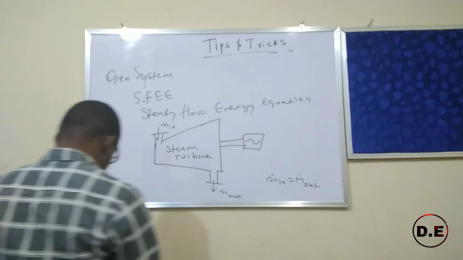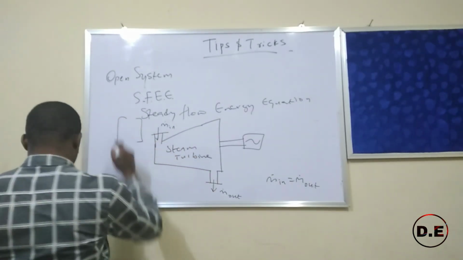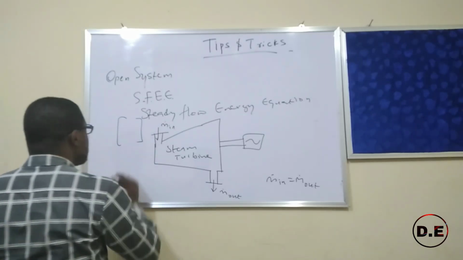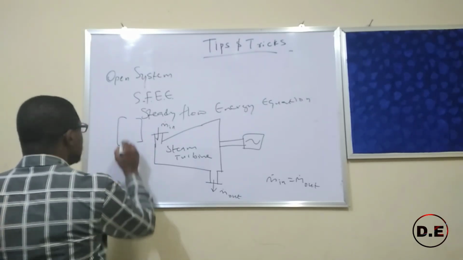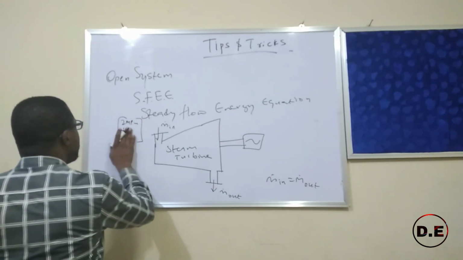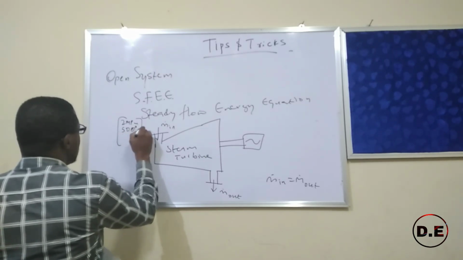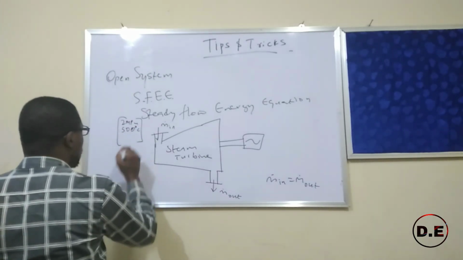So now we have the properties of the steam turbine at this point as 2 megapascal for let's say 500 degrees C and so on.